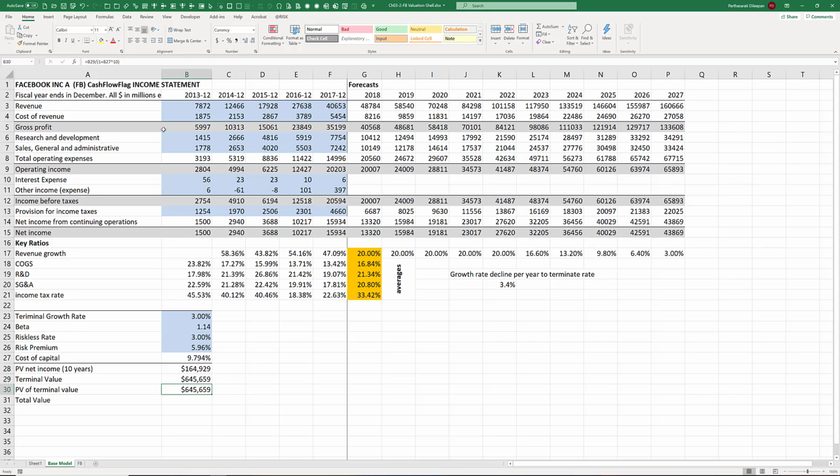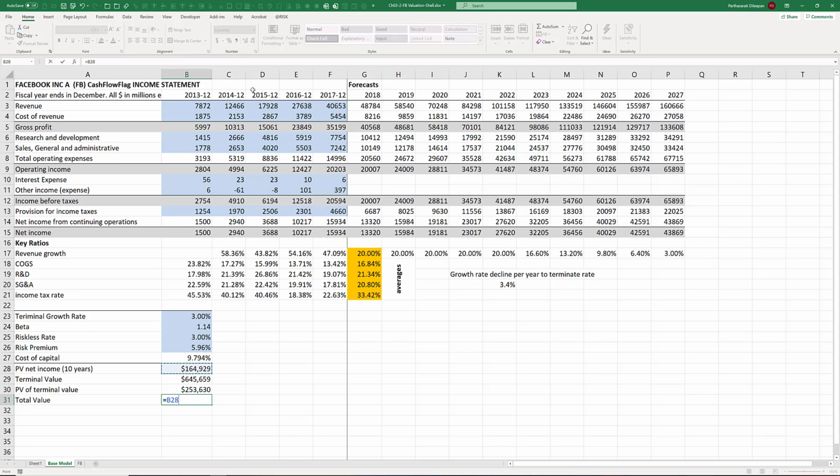Okay. I made a mistake here, so that should be 1 plus P27 raised to the power of 10, and then I need another parenthesis here. So that will give us the present value of the terminal value.